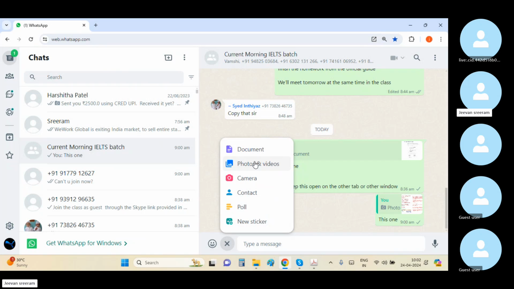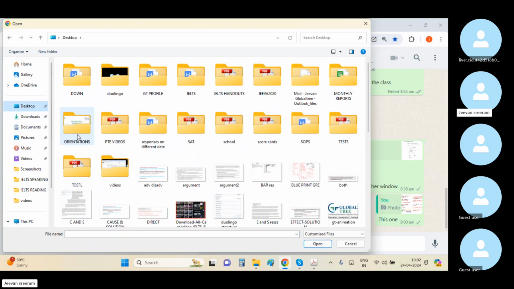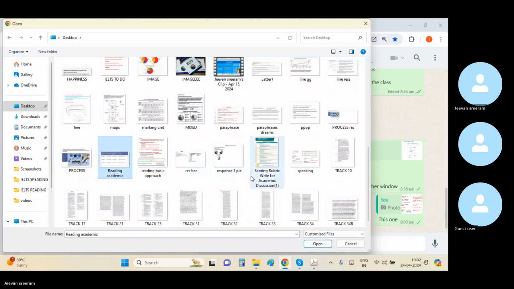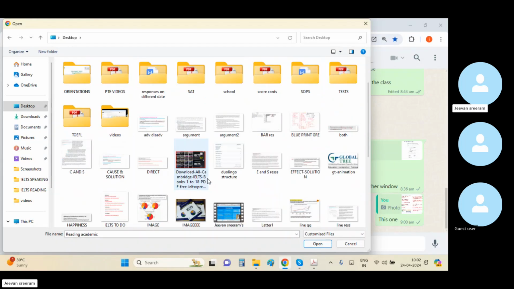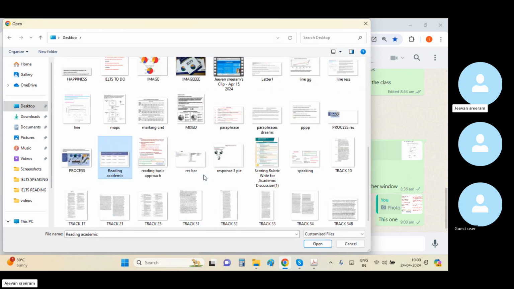Where is the paraphrase? The snap showing paraphrases.